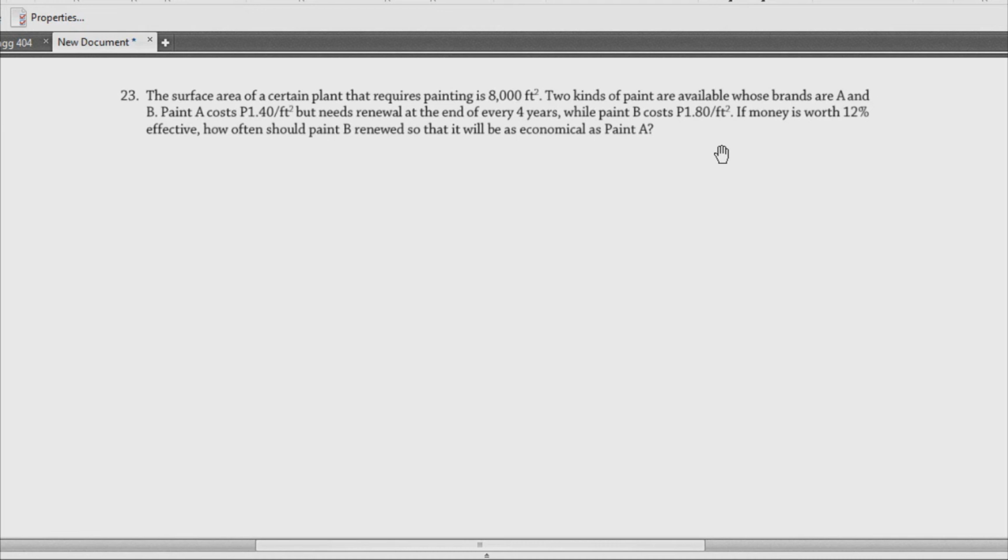Two kinds of paint are available whose brands are A and B. So pwede natin siguro tong i-write yung mga given natin. So for paint A, we have the cost. So this is yung variable cost, no? That is 1.40 per feet squared. Okay, and then for B, the variable cost is actually equal to 1.8 per feet squared.